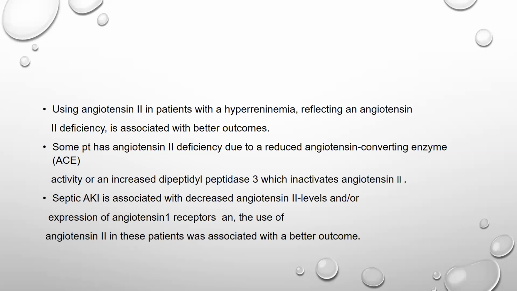Septic AKI is associated with decreased angiotensin II levels or expression of angiotensin I receptors, and the use of angiotensin II in these patients was associated with a better outcome. So we know that if you have deficiency in angiotensin II, this is going to affect the vascular tone of the patients. So they found that in this category of patients, you better give them angiotensin II.